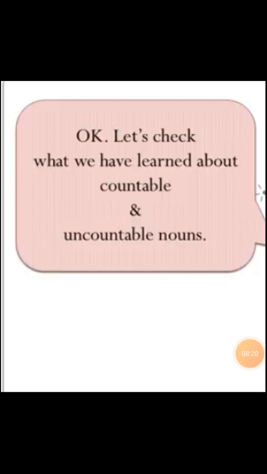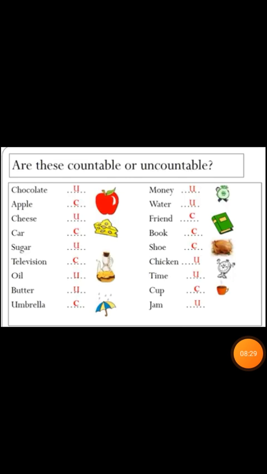Now let's check what we have learned about countable and uncountable nouns with one small exercise. Write U for uncountable nouns and C for countable nouns. Chocolate, uncountable. Apple, countable. Cheese, uncountable. Car, countable.